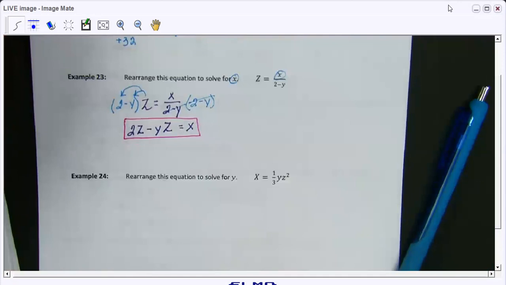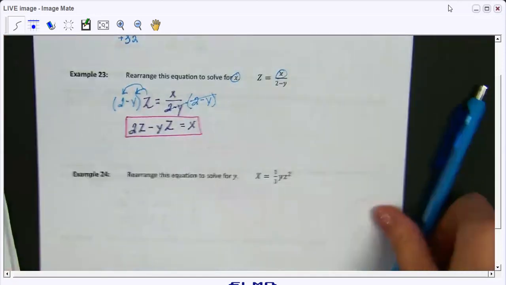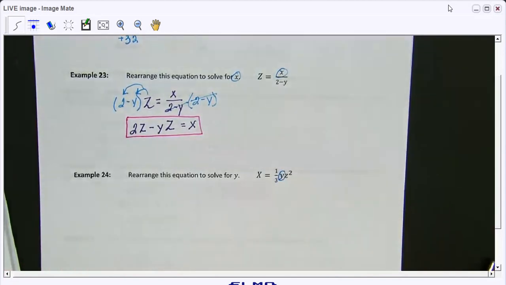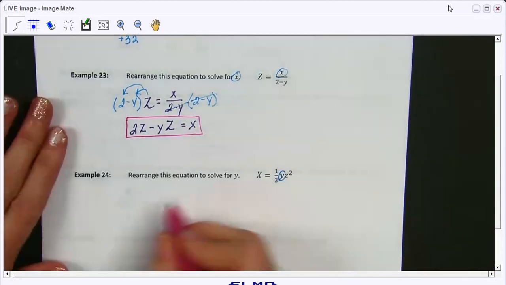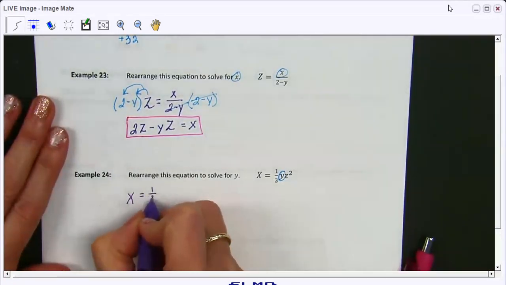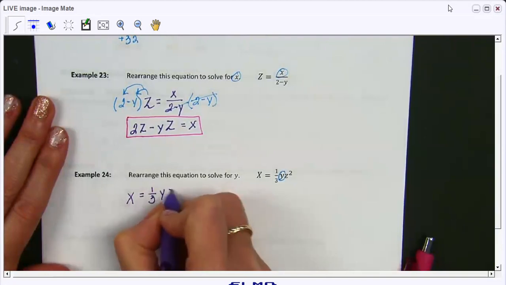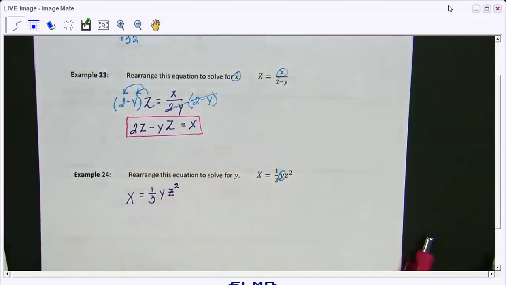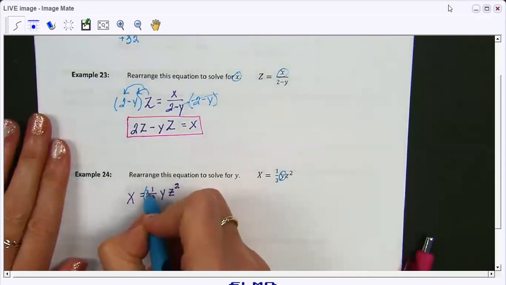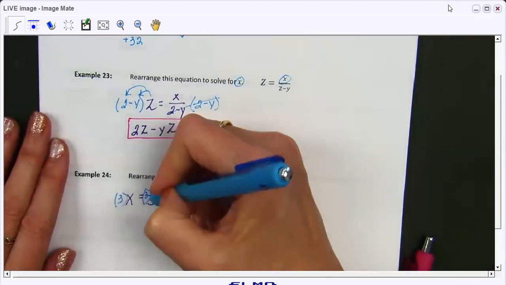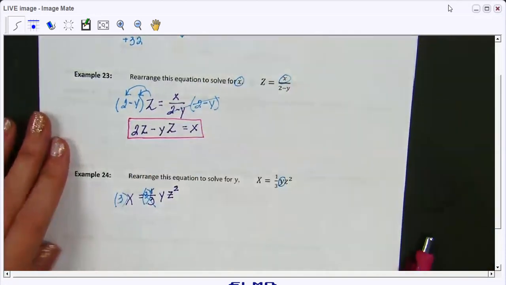Okay, let's do the last problem. In this one, we're going to isolate y. And again, we have a fraction there. So remember, when we have fractions, we multiply by the reciprocal. So we have x equals 1/3 y z squared. I am going to get rid of the 1/3 first by multiplying by the reciprocal, which is 3/1. And these simplify out.